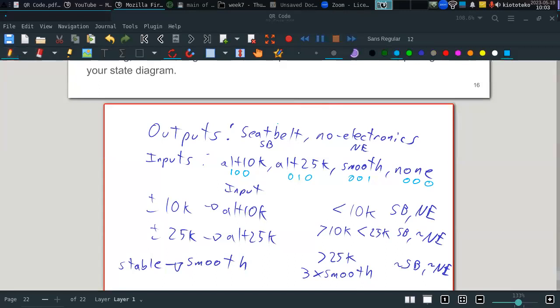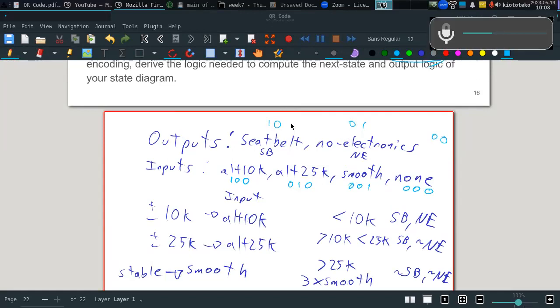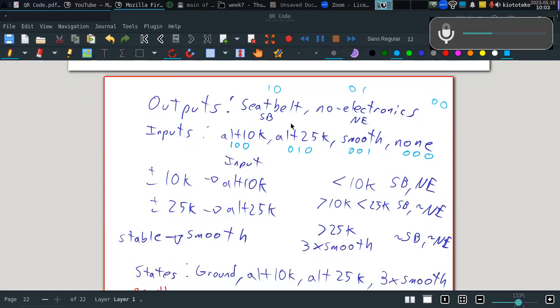In this case, we are using 2 bits, so it's seatbelt, no electronics, and obviously, if there's no signal, you can use 0. And there's also a combination from here. So yeah, in the case of the outputs, you don't have one hot state encoding.